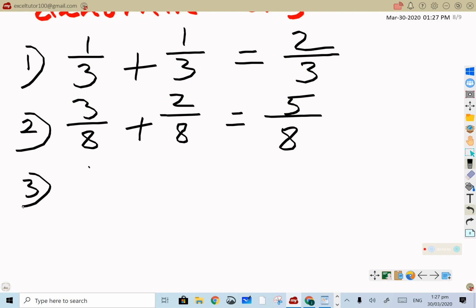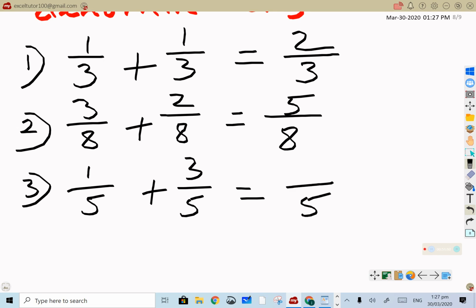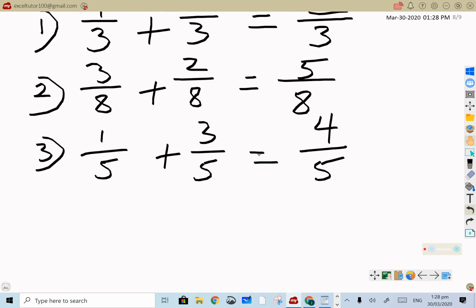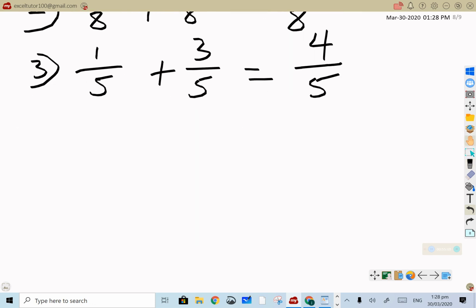So we have 1 over 5 plus 3 over 5. Notice all the denominators, for the additions, are the same. So we keep the same denominator and we just add the numerators. 3 plus 1 is 4. We can even have bigger numbers.